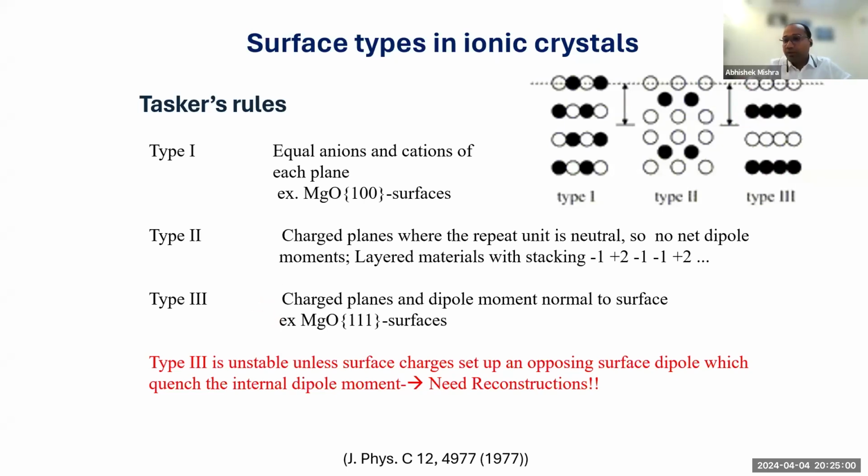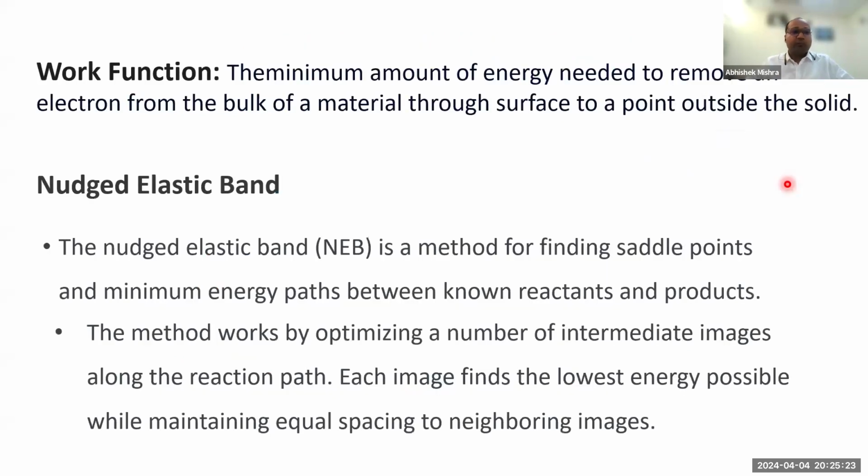You have to reconstruct it by removing some ions from the top of the surface and adding them at the bottom. In that way, you can break the directionality in such surfaces. Magnesium oxide, copper oxide, any such surfaces exist, and while modeling you have to reconstruct them because these polar surfaces are not going to occur in our experiments.